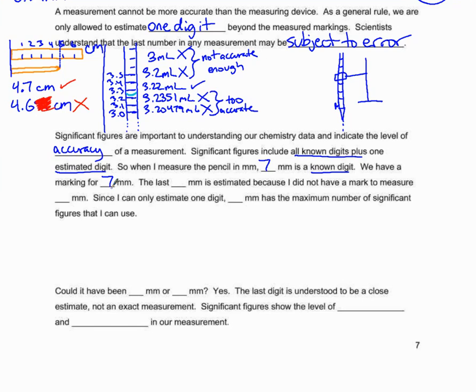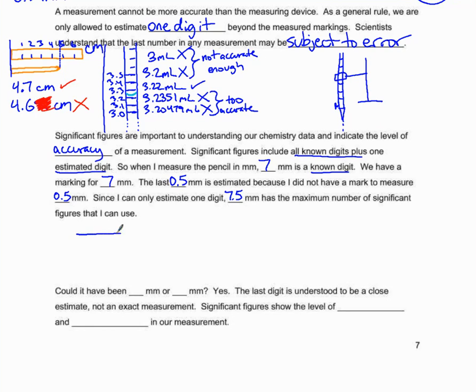Pretty safe to say we can go further. The last 0.5 is estimated. It's estimated because I didn't have a mark that told me 0.5. It looked like 0.5, so I said it was 0.5. Since I can only estimate one digit, 7.5 millimeters has the maximum number of significant figures that I can use.